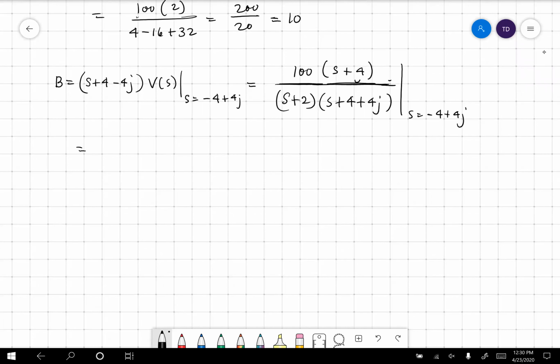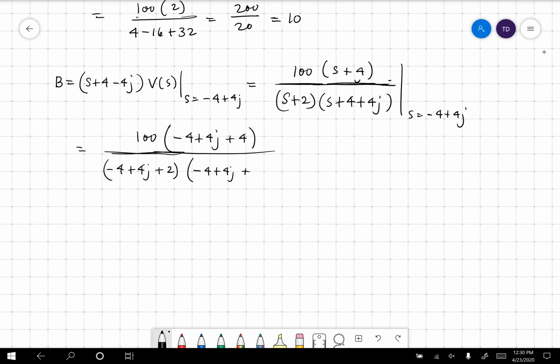All right, this is equal to, as I was doing before, minus 4 plus 4j plus 4, all divided by minus 4 plus 4j plus 2, minus 4 plus 4j plus 4 plus 4j.